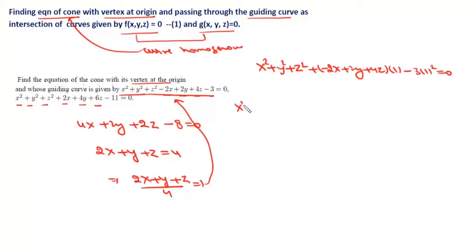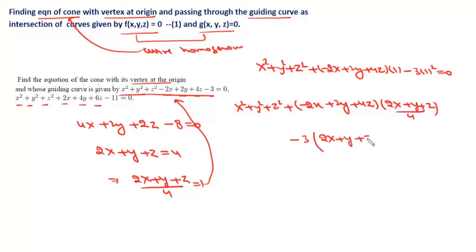Now we can write this as x square plus y square plus z square minus 2x plus 2y plus 4z into this 1, and this 1 is (2x plus y plus z)/4, and minus 3, and here will be ((2x plus y plus z)/4) whole square, and it will be equal to 0.